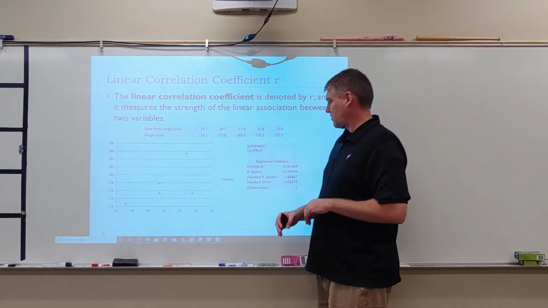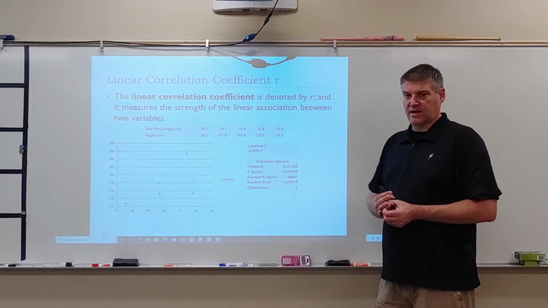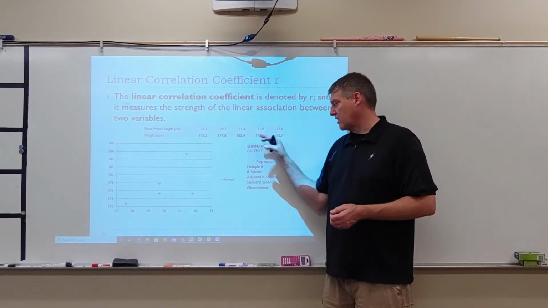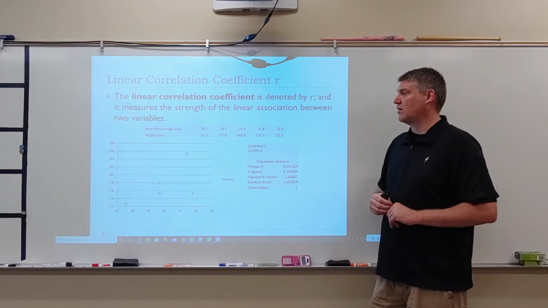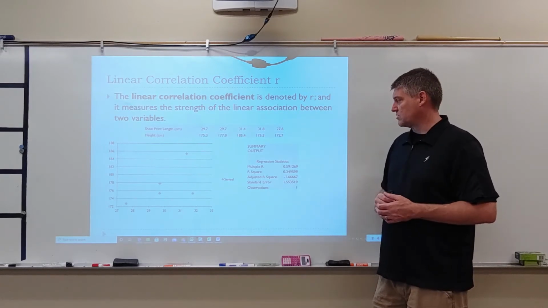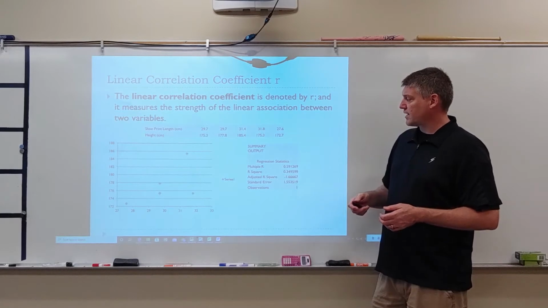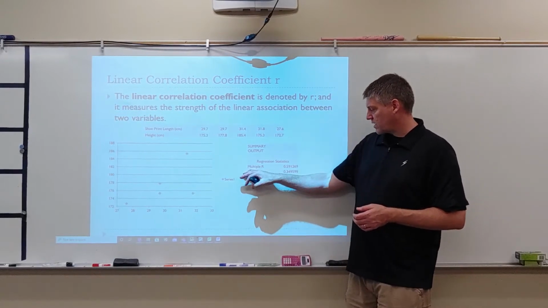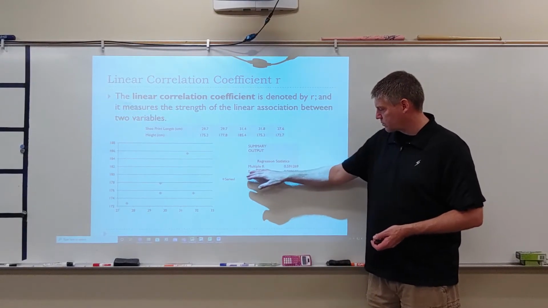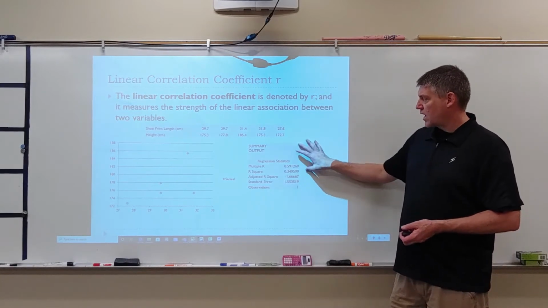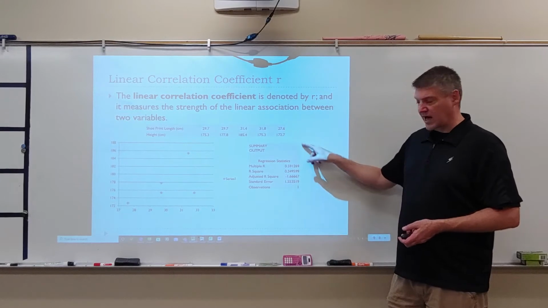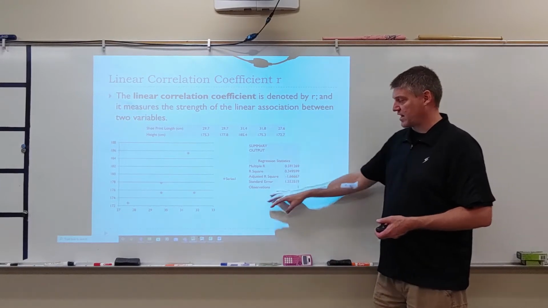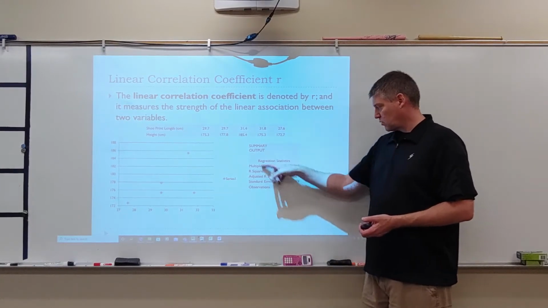Then I took this data and plugged it into regression statistics. I used Excel, but there are a lot of other programs you can use. When we look at this, we want to look at what we call multiple R, the R value. The nice thing when you're using a computer program is there's a lot more information than just this that it gave me, but I just pulled this.